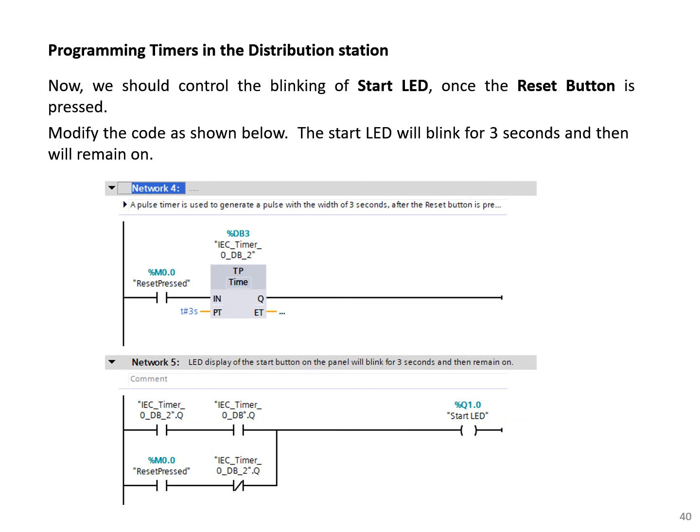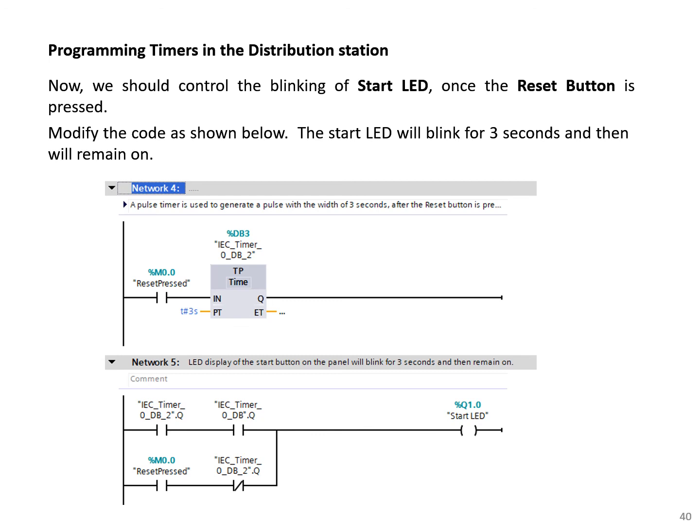Now we should control the blinking of start LED. Once the reset button is pressed, modify the code as shown below. The start LED will blink for 3 seconds and then will remain on. So look at how the number of networks are increasing. So we are adding code as we are going forward.